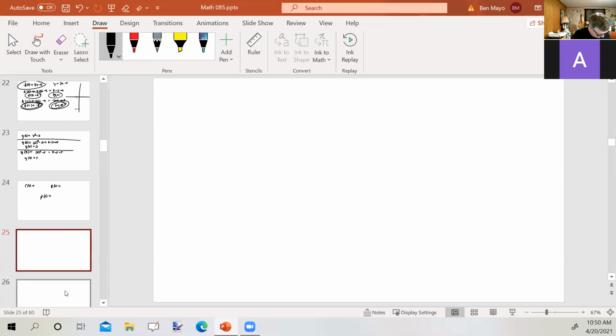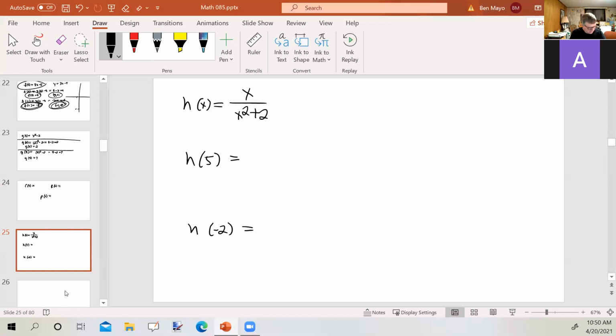Let's say I've got h of x equals x divided by x squared plus 2. And I'm going to find h of 5 and h of -2. So h of 5 would be 5 divided by 5 squared plus 2, which is 5 divided by 25 plus 2, or 5 divided by 27.